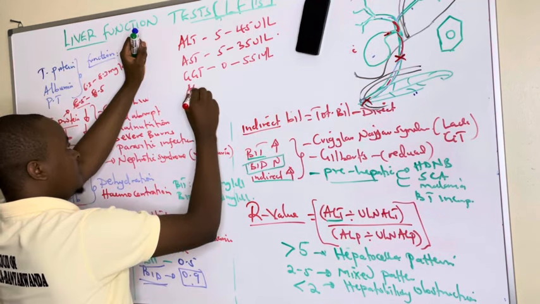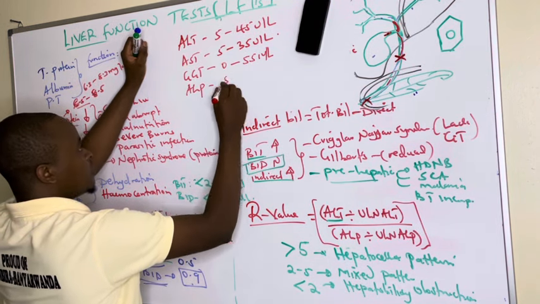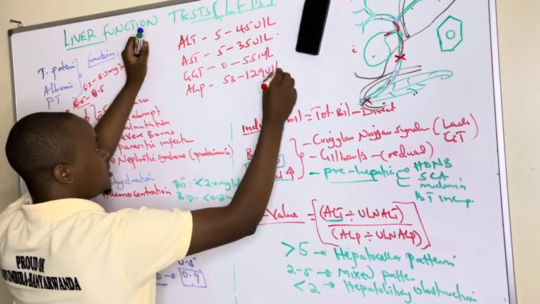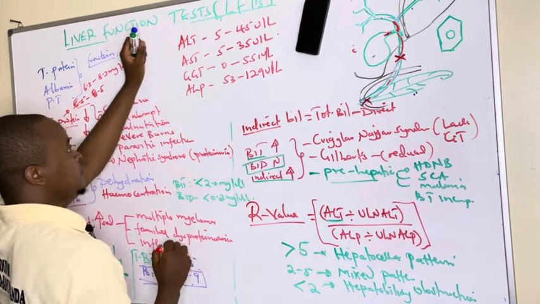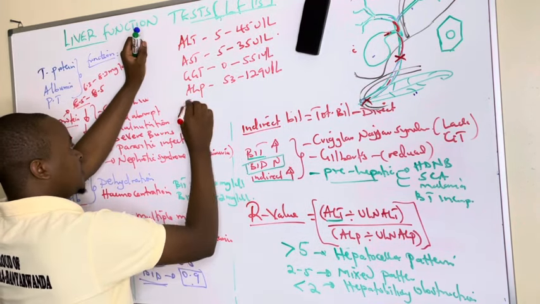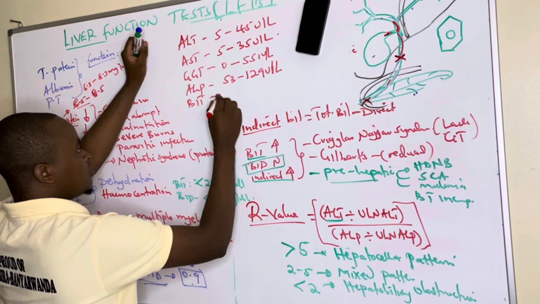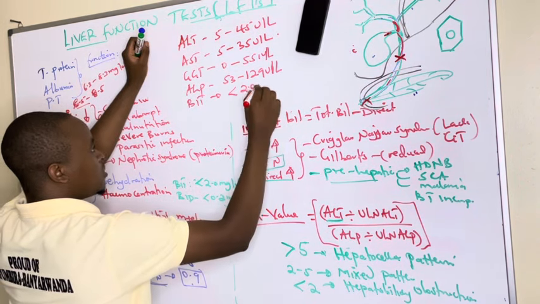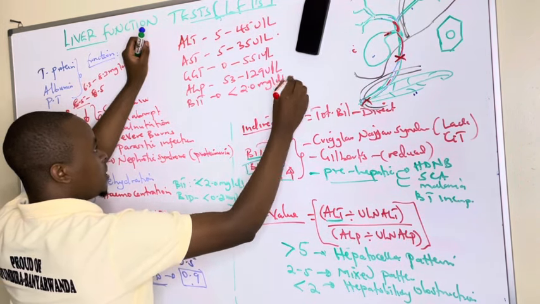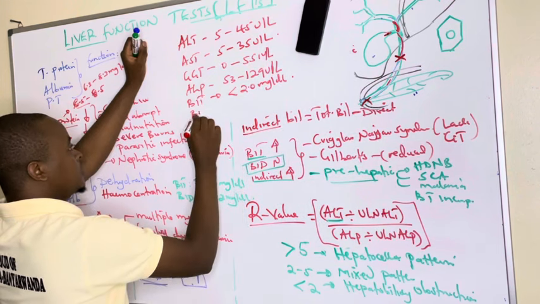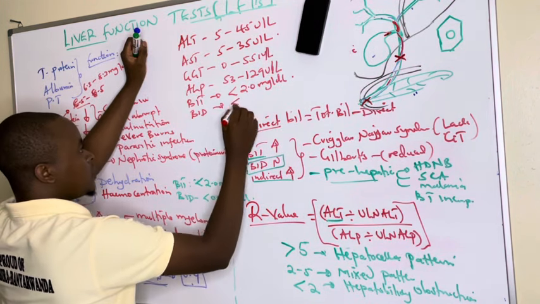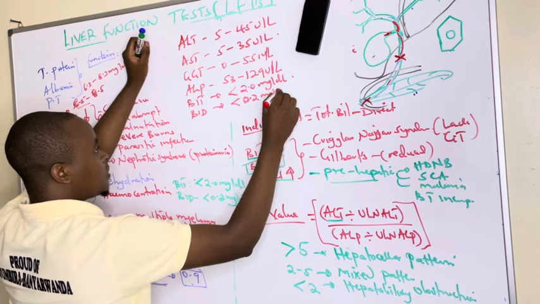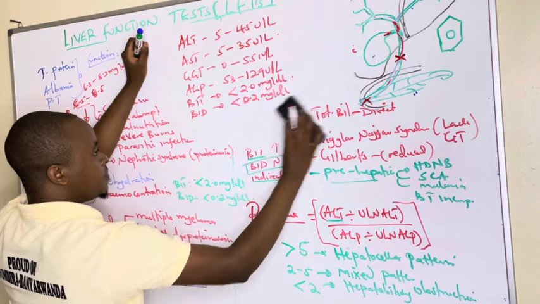Then alkaline phosphatase is always at 53 to 129 international units per liter. Then we have seen total bilirubin should be less than 2.0 milligrams per deciliter. Direct bilirubin should be less than 0.2 milligrams per deciliter.